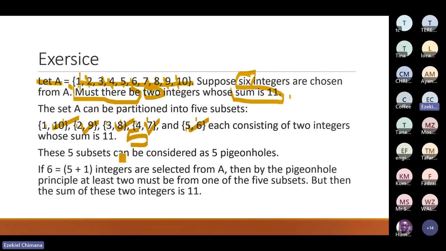So these 5 subsets can be considered as 5 pigeonholes. And if 6, which is 5 plus 1, integers are selected from A, then by the pigeonhole principle, at least 2 must be from one of the 5 subsets. But then the sum of these 2 integers is 11. That's how you prove it using the pigeonhole principle on this one.